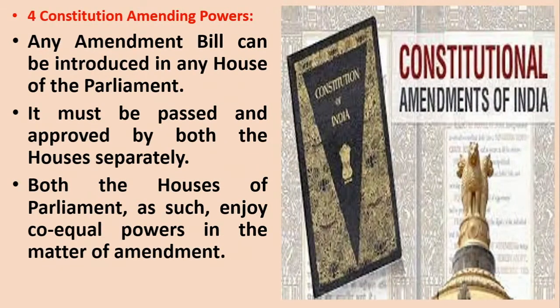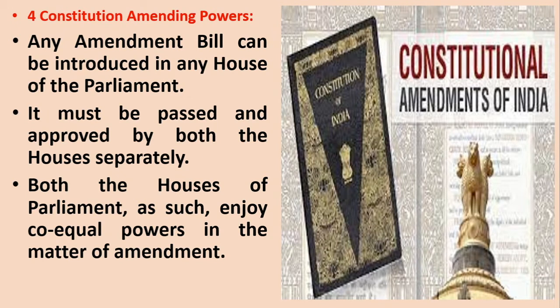Now I will discuss the constitution amending powers. Any amendment bill can be introduced in any house of the parliament. It must be passed and approved by both the houses separately. Both the houses of parliament, as such, enjoy co-equal powers in the matter of amendment. Yes, students, you can be asked in exams also: write down the power which is enjoyed by both the houses of parliament.